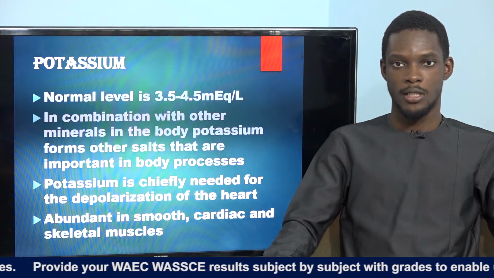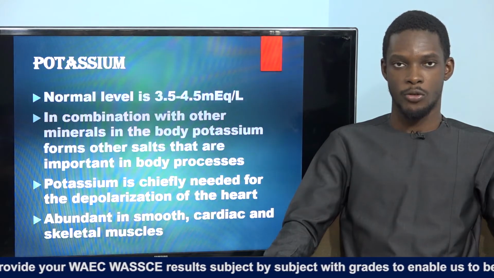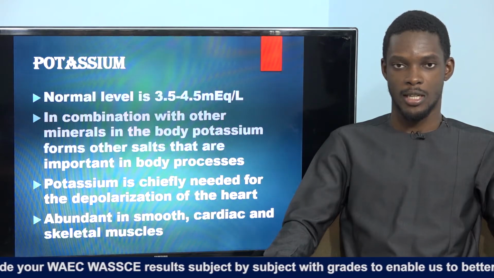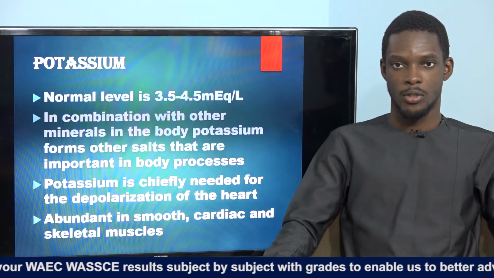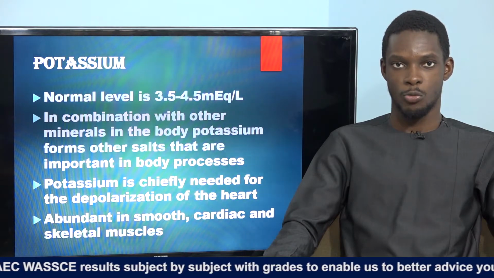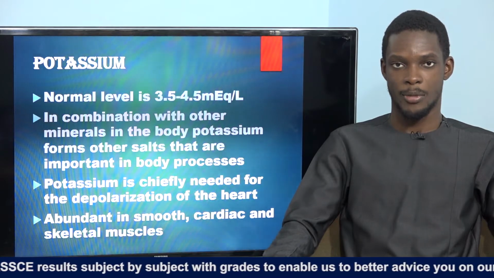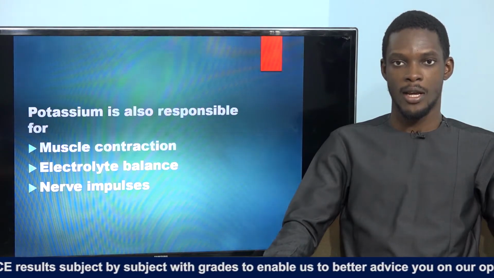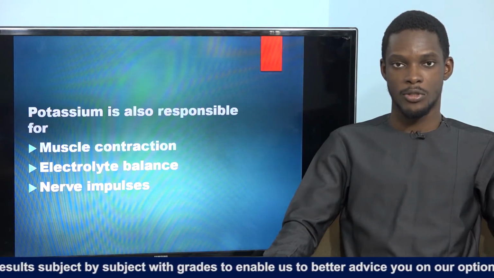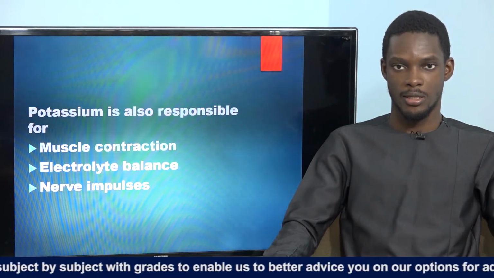Potassium is chiefly needed for depolarization in the heart during contraction and expansion. Potassium is abundant in cardiac muscle and smooth muscle, but may also be present in skeletal muscle. As stated, potassium is responsible for muscle contraction in the heart.